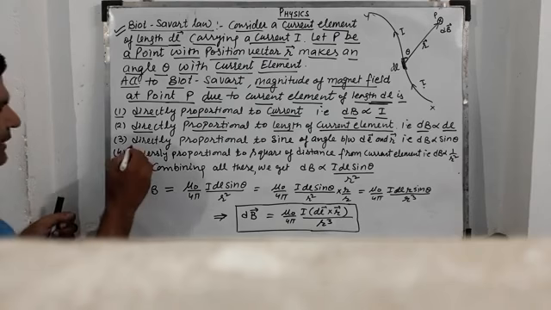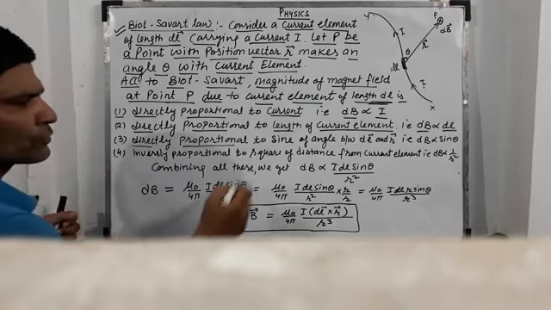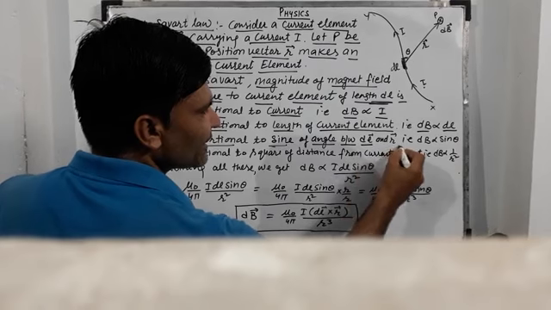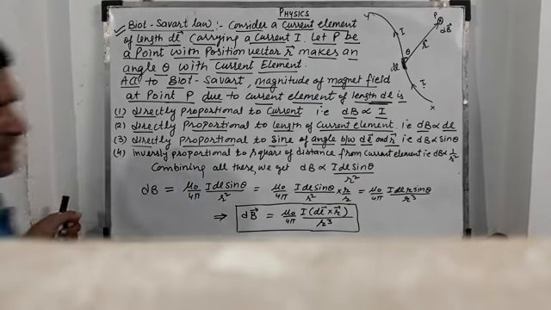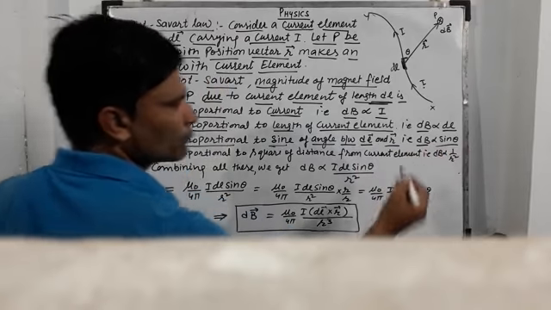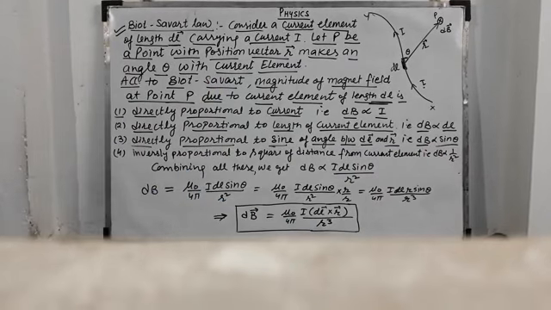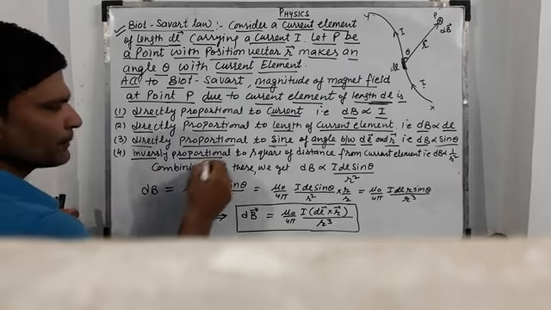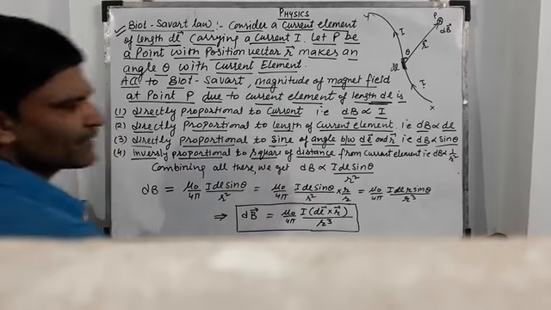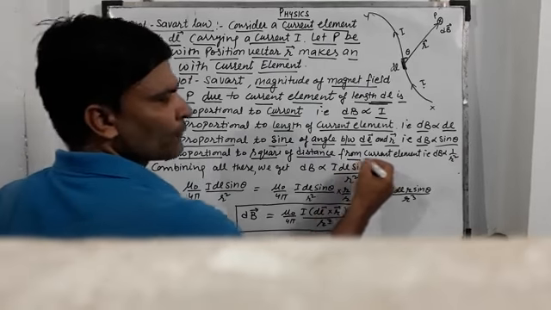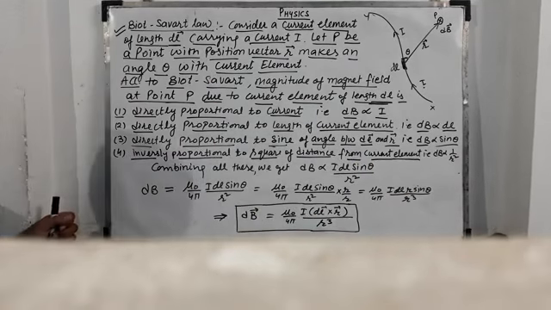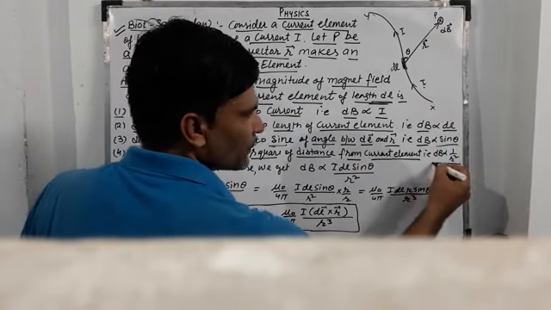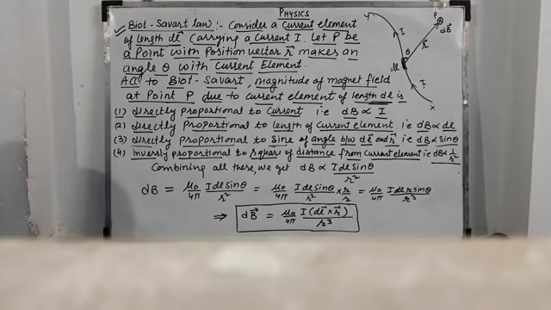Third, directly proportional to the sine of the angle between dl and r, that is dB proportional to sine theta. And the fourth point is inversely proportional to the square of the distance from the current element, that is dB proportional to 1 upon r square.